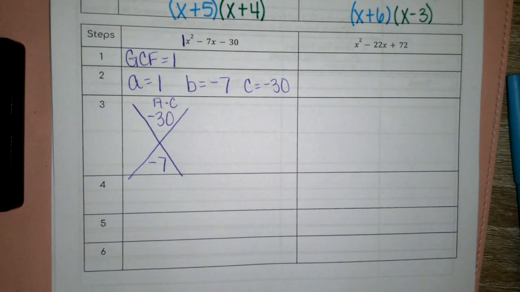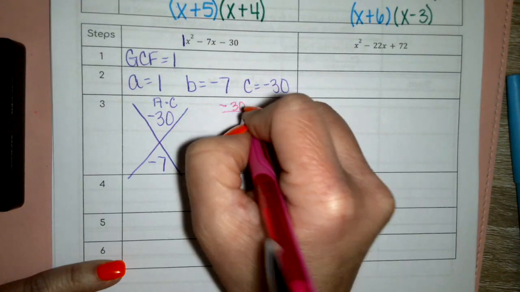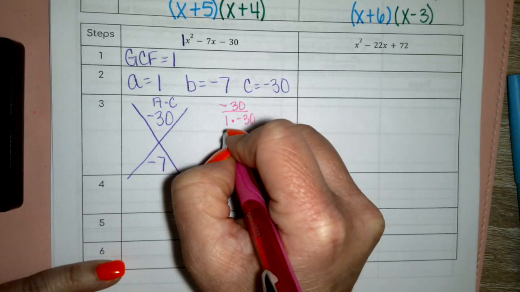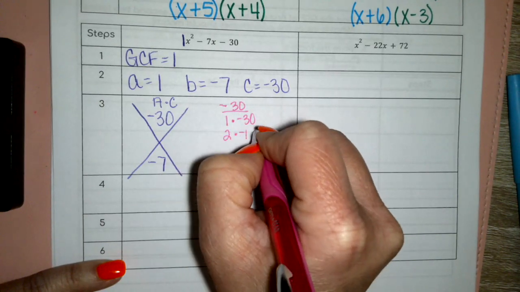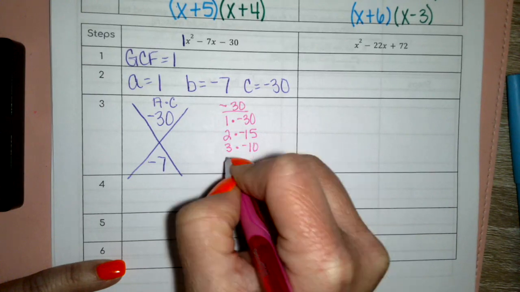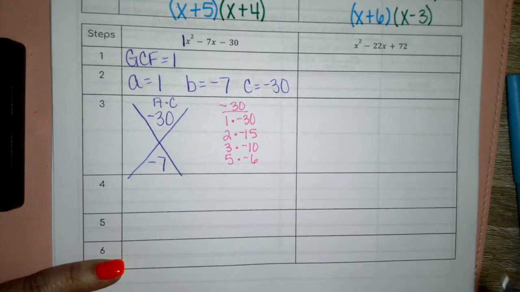So my factor pairs of negative 30 are 1 times negative 30, 2 times negative 15, 3 times negative 10, and 5 times negative 6. That's my factor pairs.